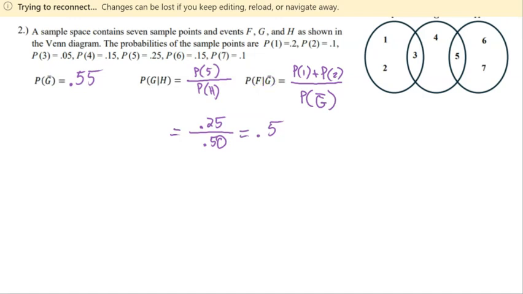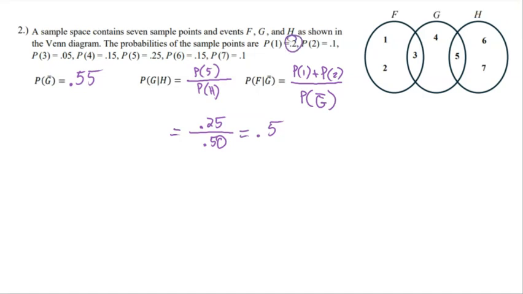So probability of 1 is 0.2, probability of 2 is 0.1, so 0.2 plus 0.1 is 0.3. So this is going to equal 0.3 over, well, now we've got to find the probability of not G. Well, the probability of G includes 4, 3, and 5. So not G, oh, we already did that all the way over here.